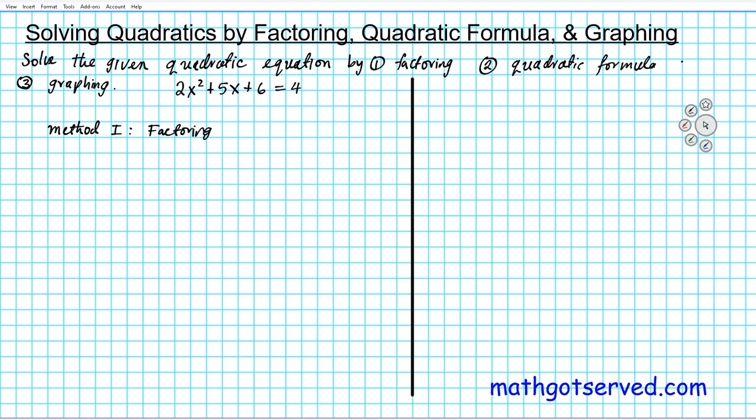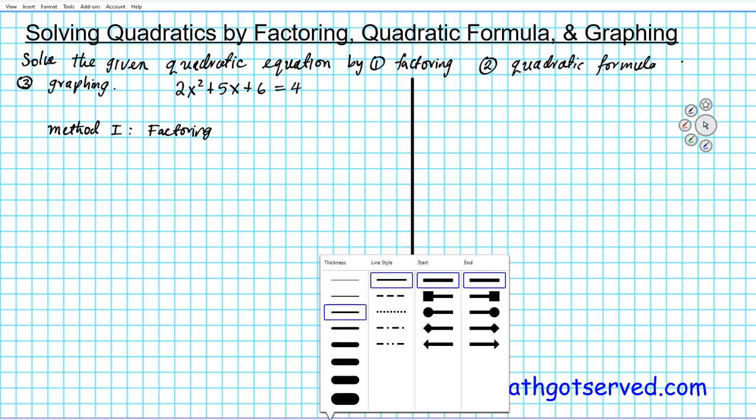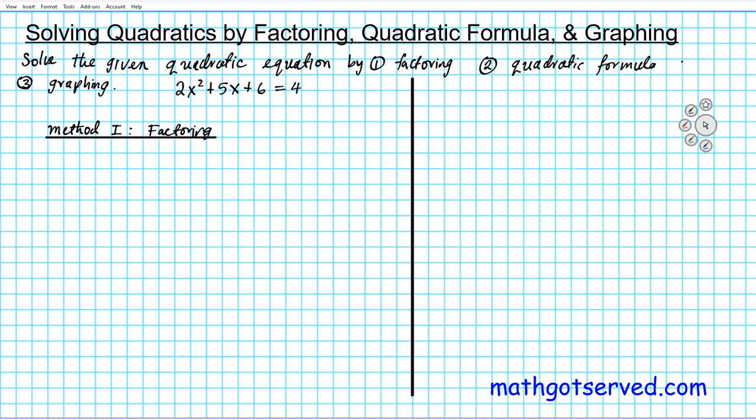Let's go ahead and outline the steps that will guide our problem solving process, and then we are going to apply those steps to the problem. First of all, when you want to solve a quadratic by factoring, you write it in standard form.